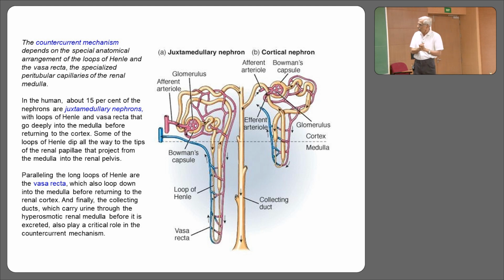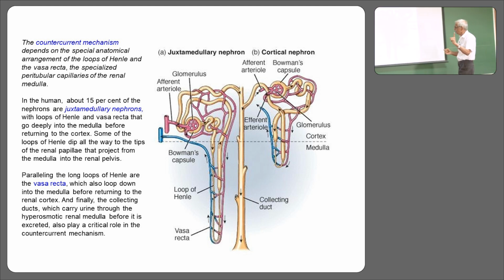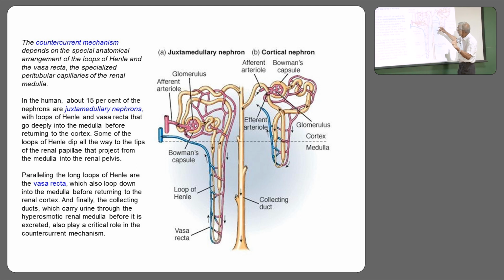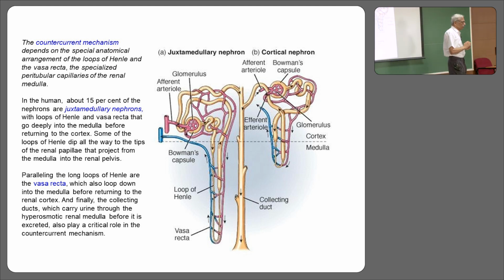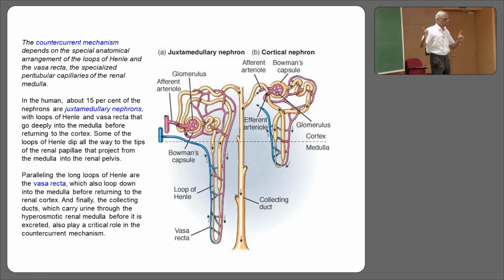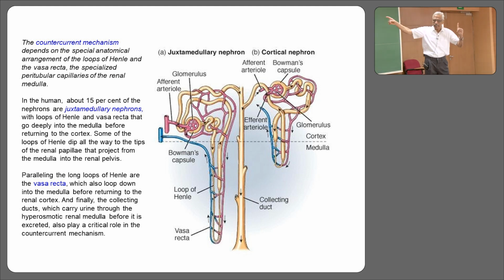Now, be very careful about it. Here is the Bowman's capsule, here is the peritubular capillary, and you go to the proximal convoluted tubule, and here the tube goes all the way, takes a U-turn and comes up here. Are you okay so far? Now, what I showed you just now is also indicated by the arrows there.